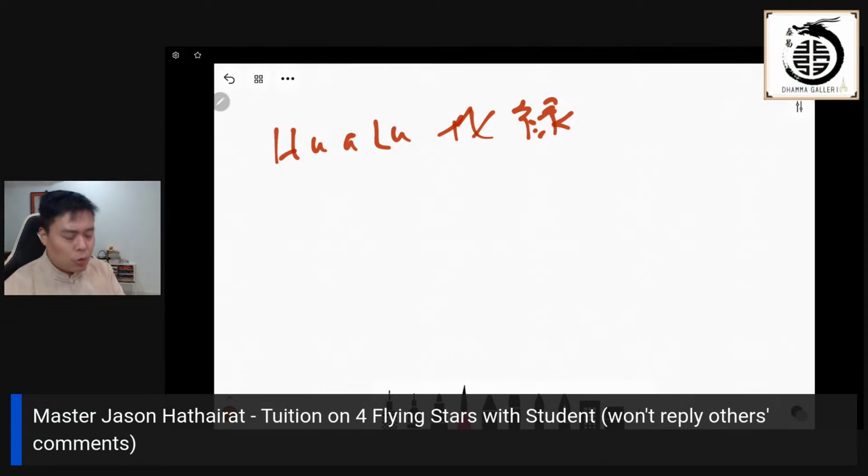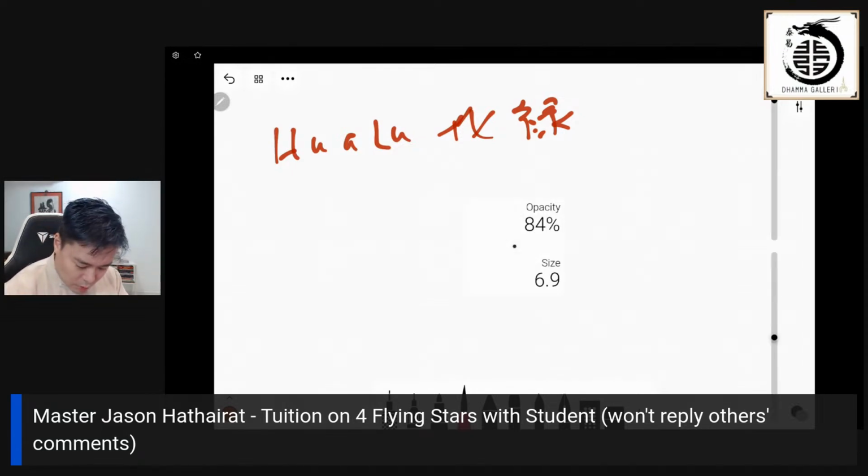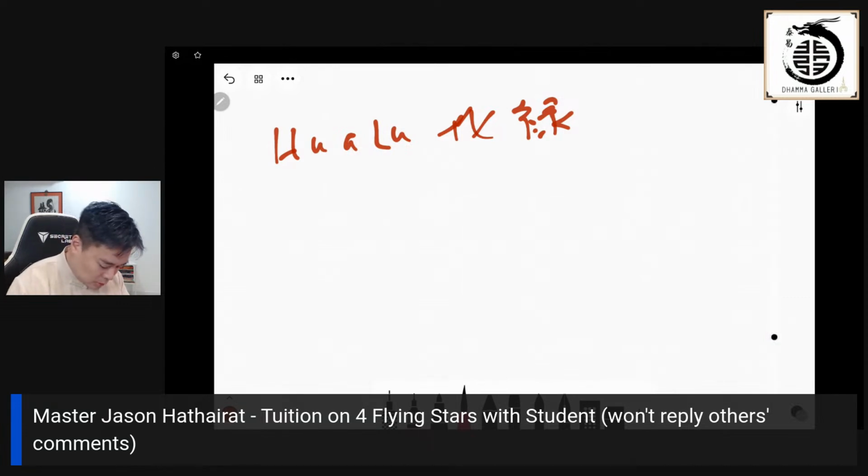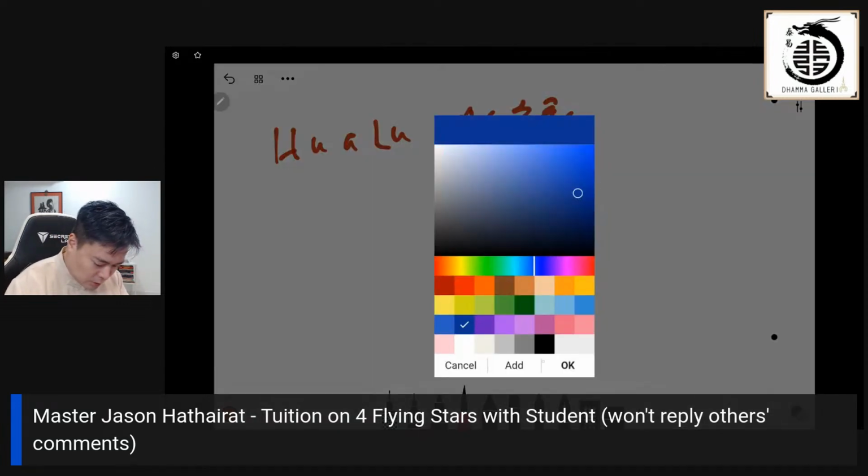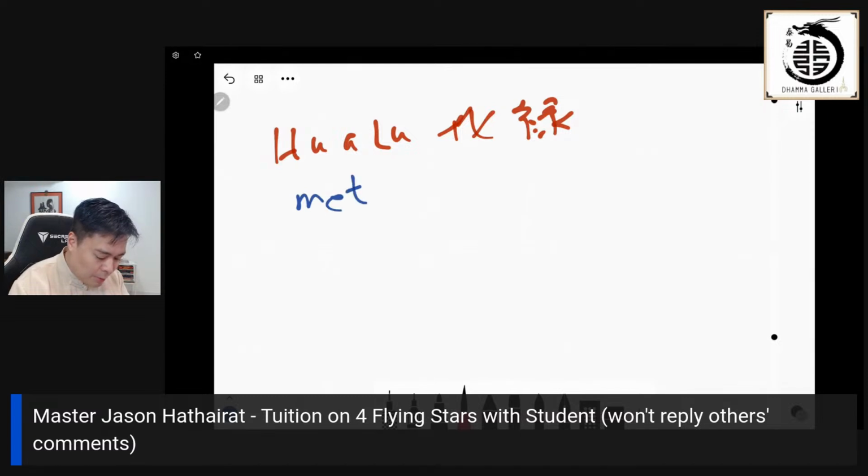In terms of 化禄, it is of a metal elemental energy. It will be important for you to remember the various elemental energies related to the four flying stars because they will have different effects when paired with various stars of different elemental energy, which I will elaborate on later.